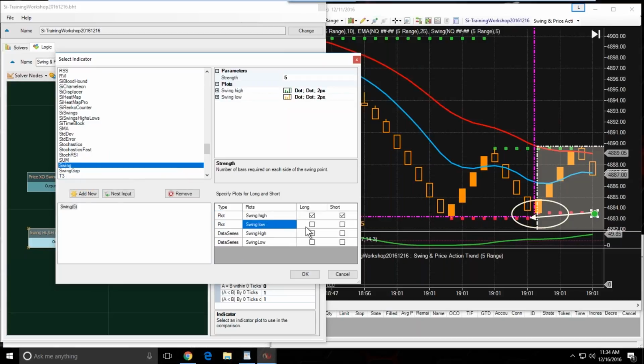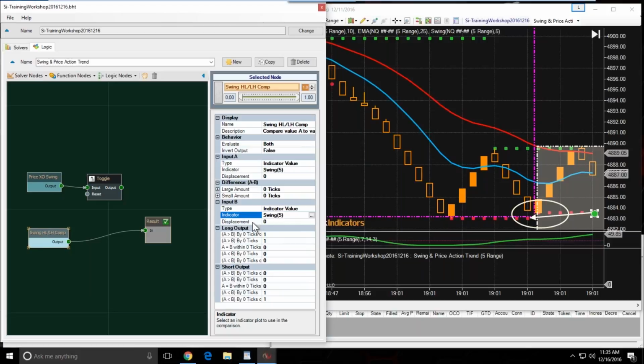So we're using the swing low to generate a long signal. When the swing low steps higher, we're going to generate a long signal. And when the swing high steps lower, we're going to generate a short signal. So, and for this example, remember we're using a strength of 5. We're just using the default settings.